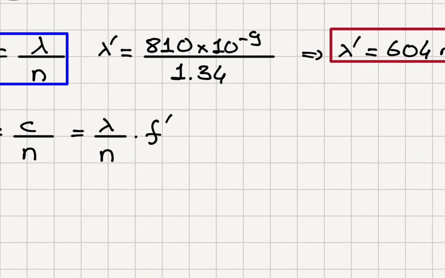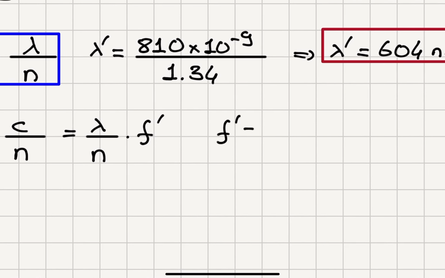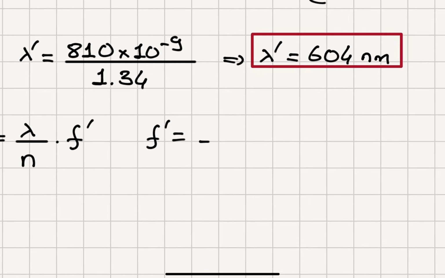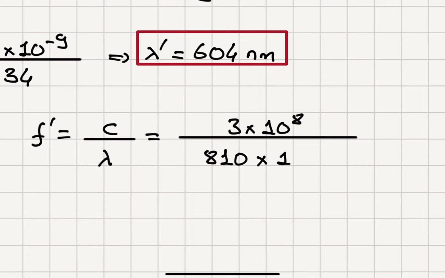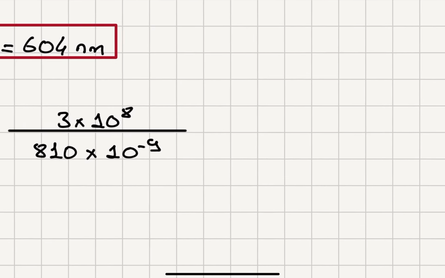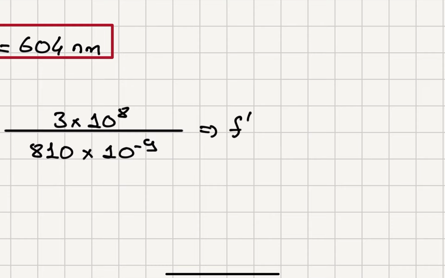So from this equation you can see that the frequency in the medium is identical to the frequency in air because the frequency is determined by the source, not by the medium. So it is c divided by lambda. We have the speed of light in air, 3 times 10 to the 8 meters per second, divided by 810 times 10 to the minus 9 meters. This gives us the frequency f prime of 3.70 times 10 to the 14 hertz.